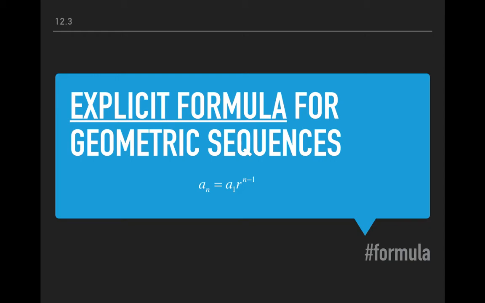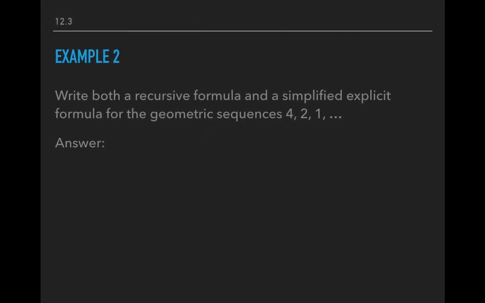And you also have to know a1 here to be able to determine any questioned term. So why don't we look at this example? We're going to write both a recursive and an explicit formula for this sequence. It is geometric, and it's the sequence 4, 2, 1, and it continues on.